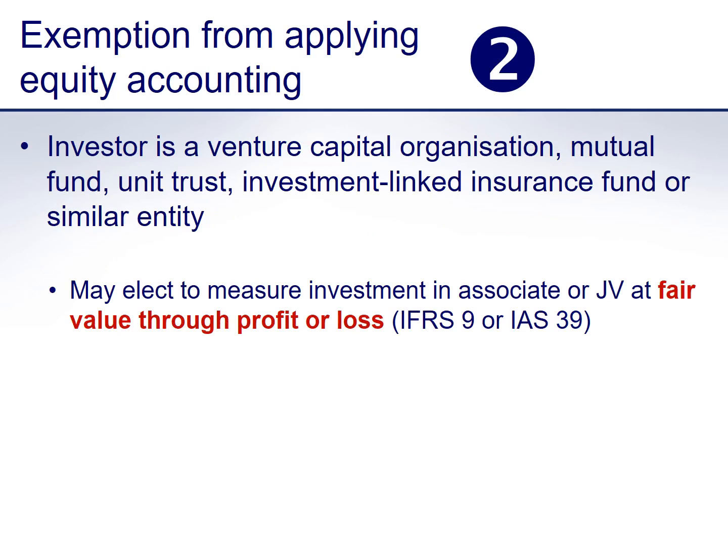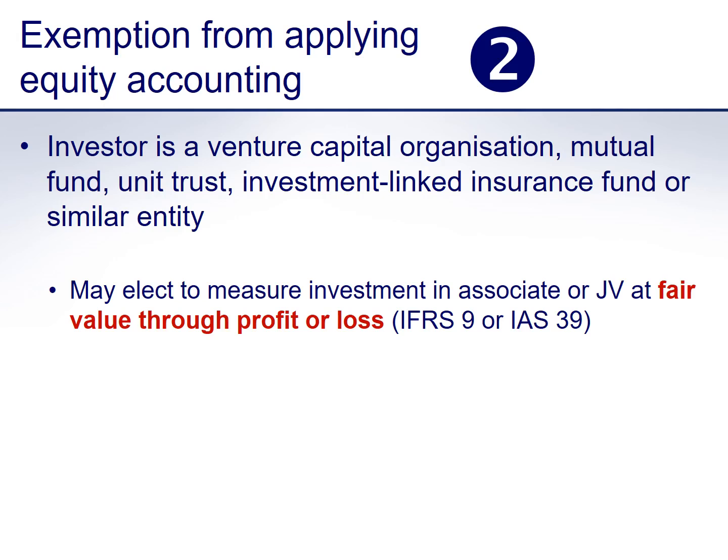The second exemption is similar to the investment entity exemption, but it's not quite as strict. If you'll recall, the investment entity exception that we spoke about earlier said that there were three criteria that had to be met in order for an entity to call itself an investment entity. That being said, an investment entity would automatically be applying this exception that I'm referring to now, but you need not be an investment entity by definition. You can be a venture capital organization, a mutual fund, unit trust, investment-linked insurance fund, or similar entity.